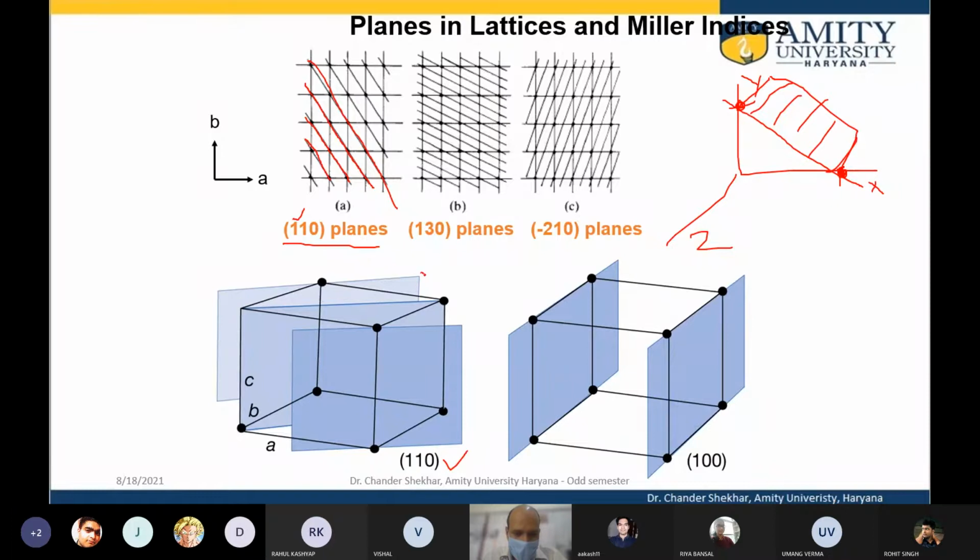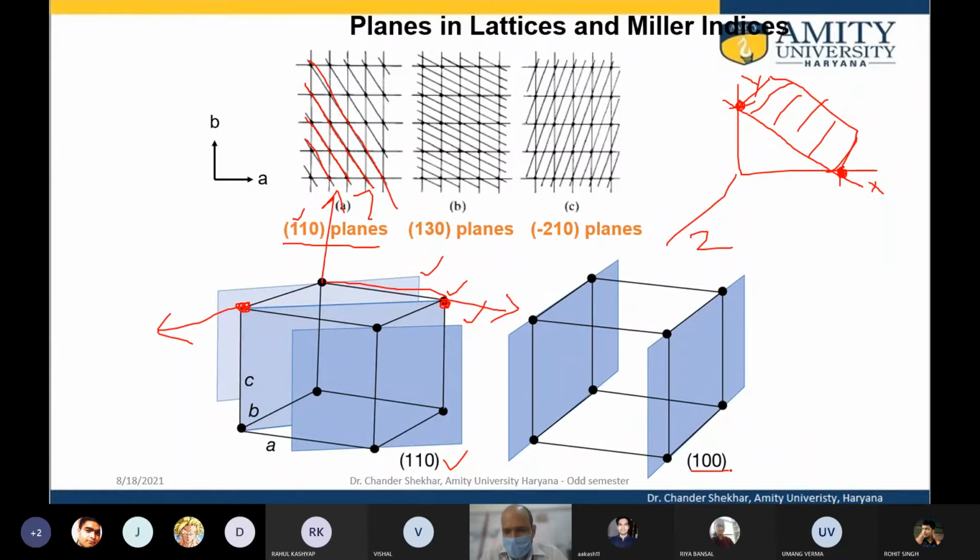So all these planes, whether this one, the other one, or this one, will have the same Miller indices, because this particular plane intercepts, suppose this is x, this is y, and upward this is z, along x and y at one unit translation vector, and all such planes will have the same Miller indices.